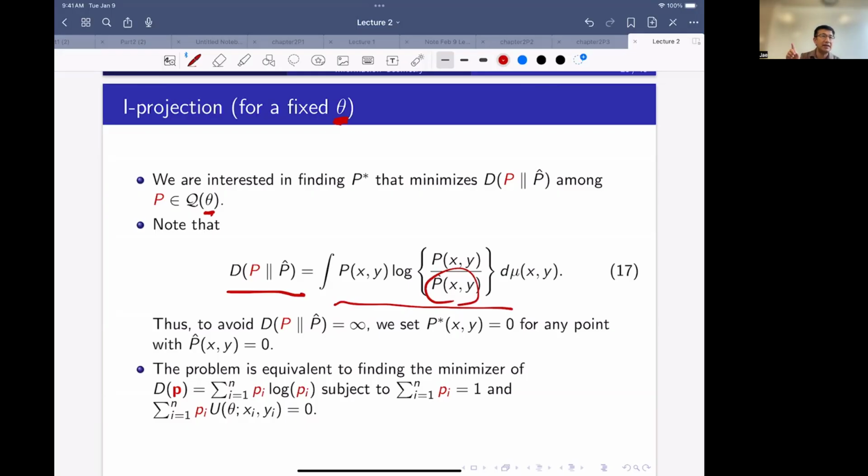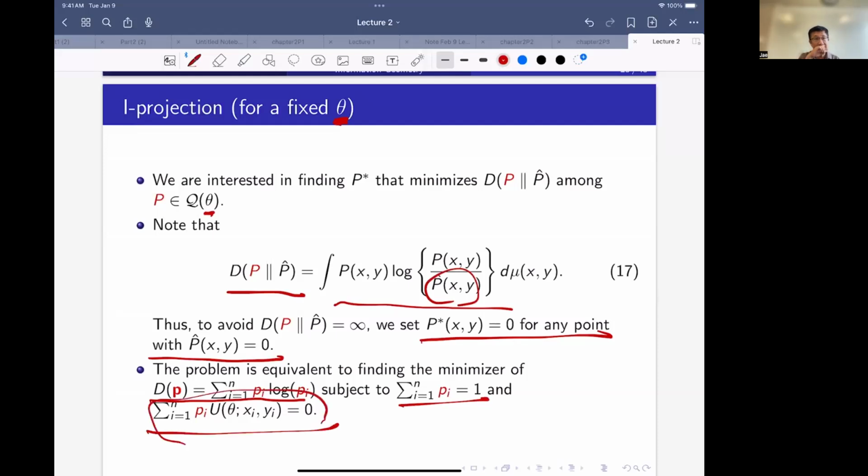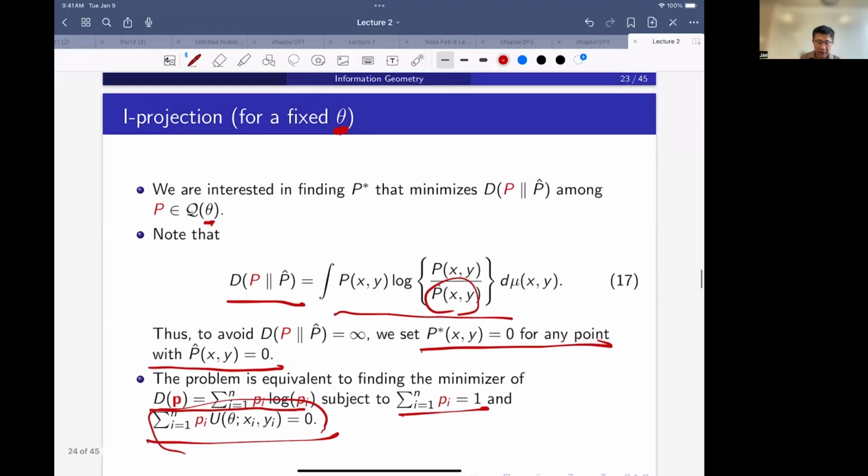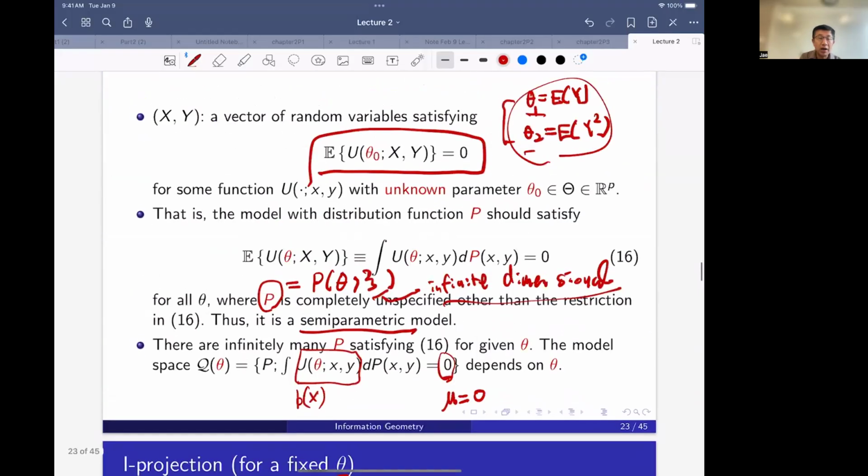To make this finite, you have to assume that your P has zero mass outside the sample support. That is basically what this is about. So the problem is equivalent to finding the minimizer of this one, subject to the normalization constraint. And the second constraint comes from the moment constraint here.